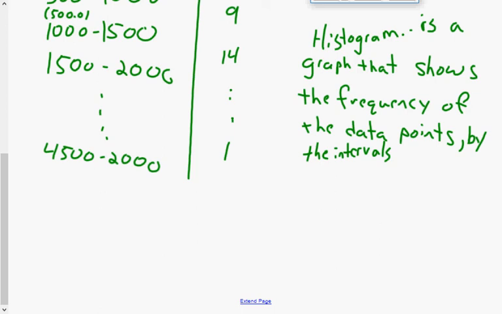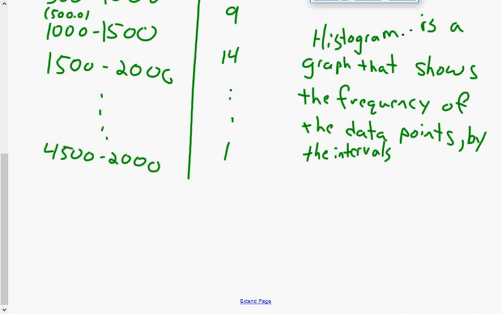The spacing on the intervals generally is up to you guys. You can determine what you want these numbers to go up by. Okay? And then we're going to graph intervals, frequency. See, we're doing 5.2.